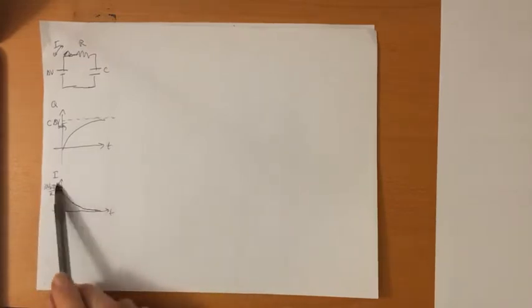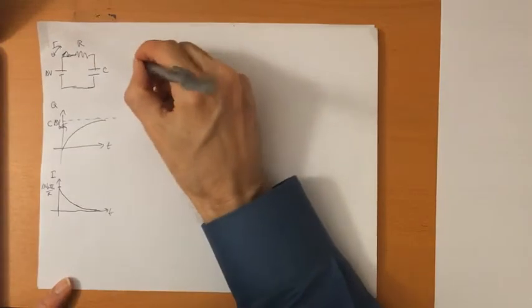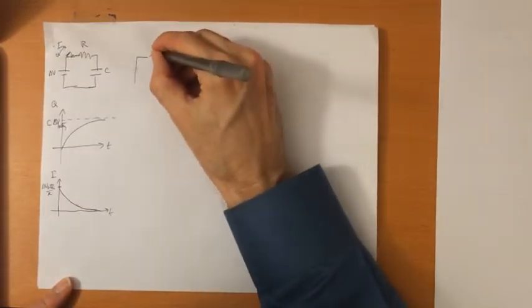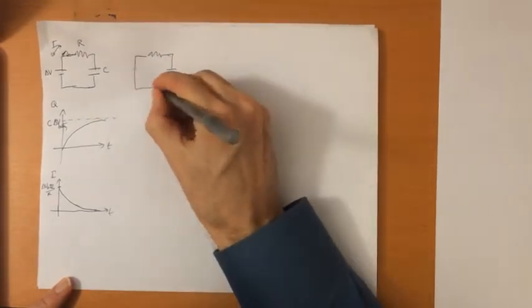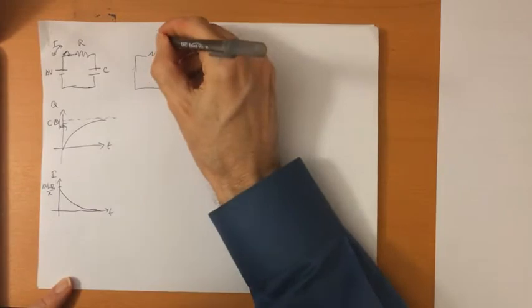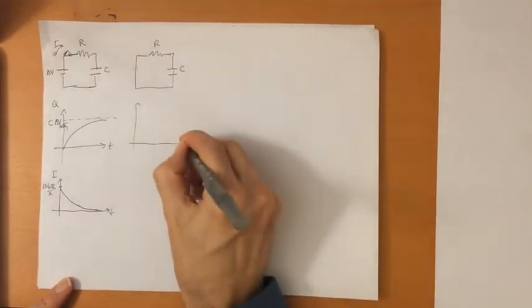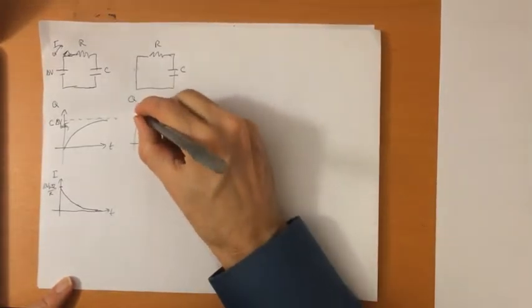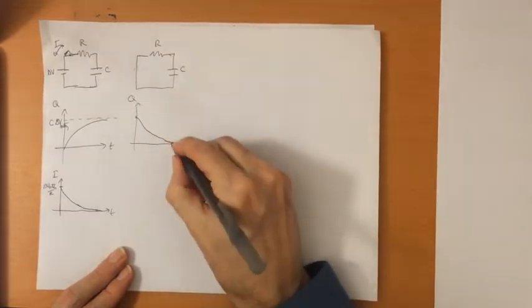Basically, we would like to plot this. This is the charging curve. For the discharging curve, we just take the power supply out, effectively setting it to 0. This time the capacitor has an initial charge, and if I were to plot Q versus t, I would end up with some kind of exponential decay, like this.